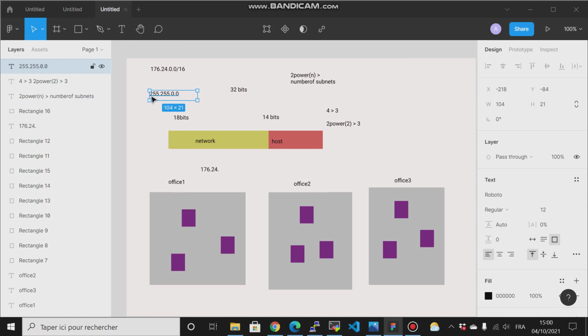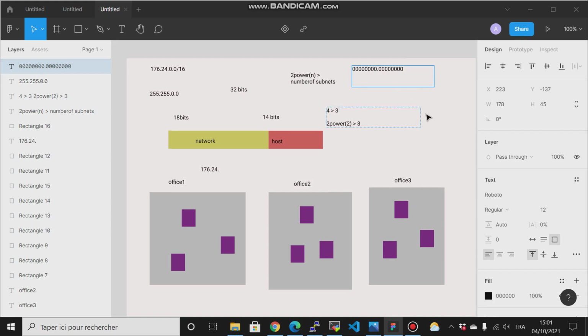So when you have 255, it means this value we have not touched, and the same thing here. But what remains is only these 2 values. These values are right now in decimal. We have to convert them to binary. In binary, they are equal to 8 zeros, 1 2 3 4 5 6 7 8, right?